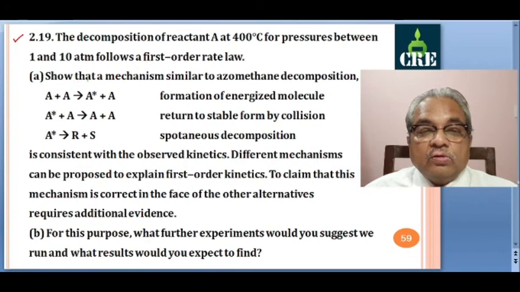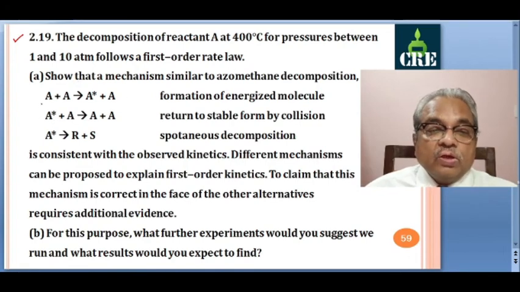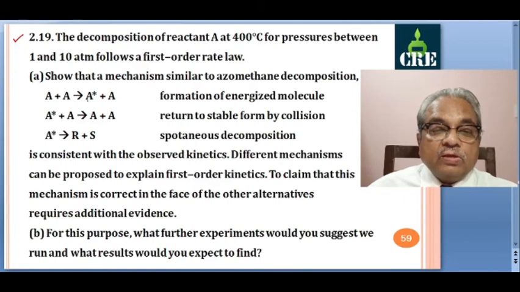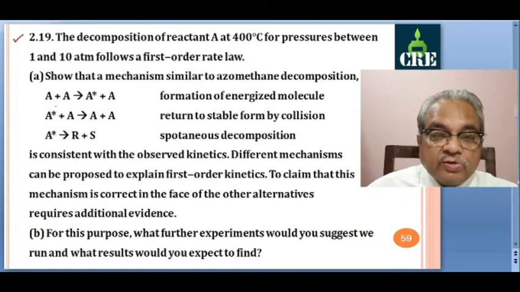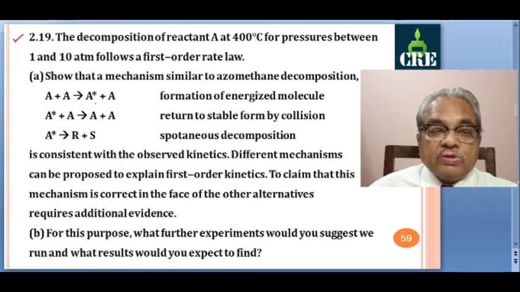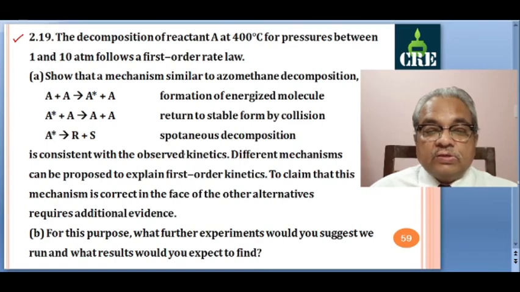So here we have to show that a mechanism similar to azomethane decomposition, A plus A giving you A star plus A, and A star plus A giving you A plus A, nothing but the same reaction reversible written separately. So this is a reversible reaction, and this irreversible spontaneous decomposition, A star giving you R plus S, is consistent with the observed kinetics. Observed kinetics is first order rate law.